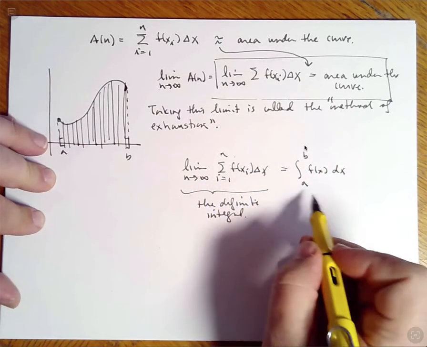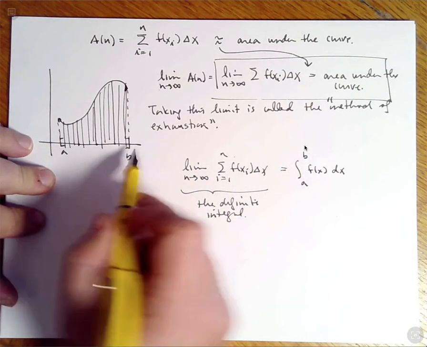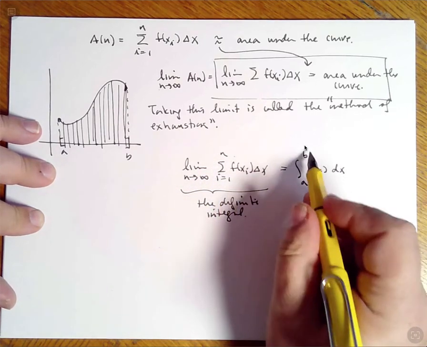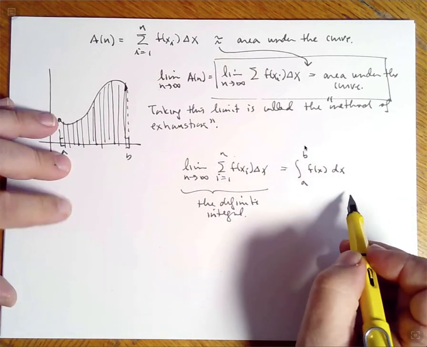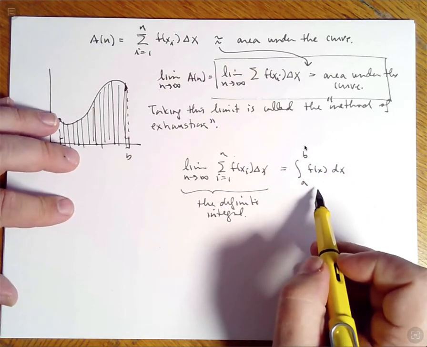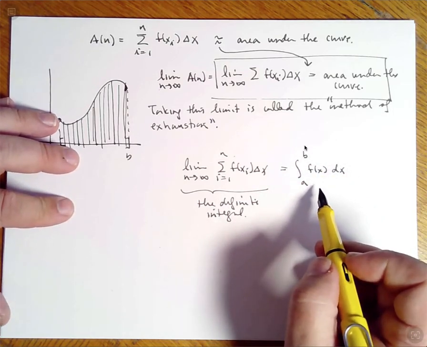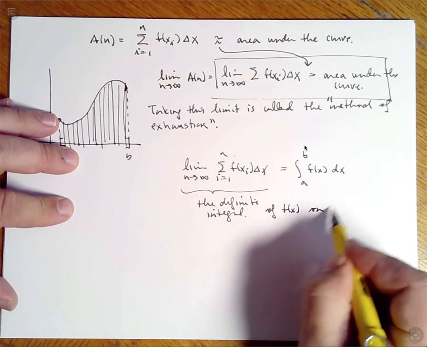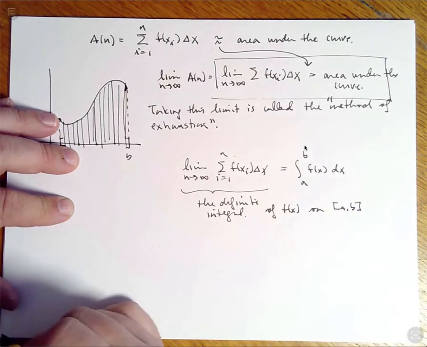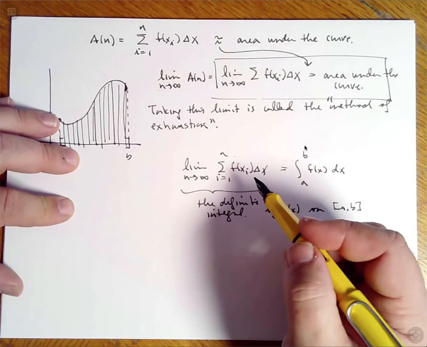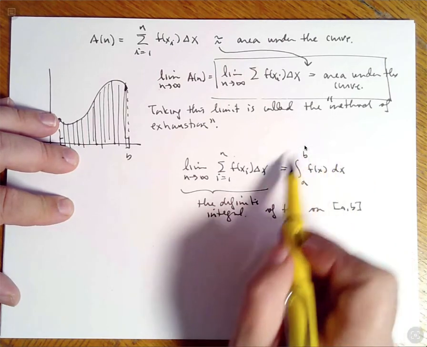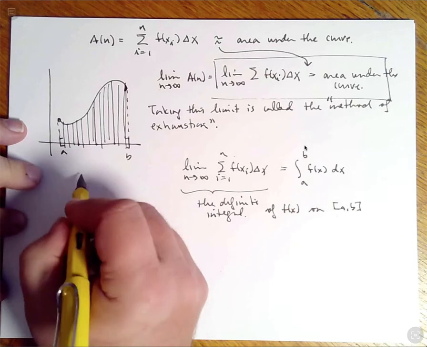And then we put the endpoints here at the bottom and the top, kind of like the limits of summation here. We call these limits of integration. And then it's kind of using the notation for the indefinite integral. But this is called the definite integral of f of x on the interval from a to b. Okay. And the theory of the integral calculus is all about calculating these values, calculating areas under the curve.